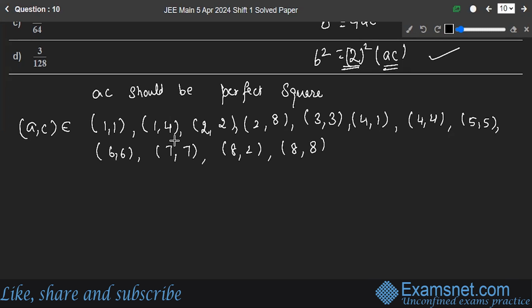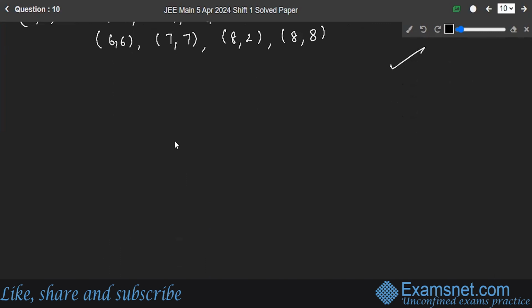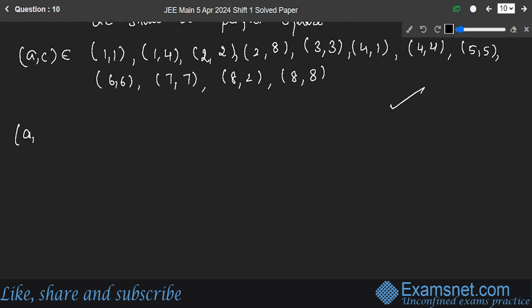Corresponding b. Now, for this value of a and c, there is a corresponding value of b. That also must lie in this set because you are having b square is equal to 4 into ac. So, for these values of ac, there are certain values of b, and that also should lie within this set only. So, let's see from here what a, b, c ordered pairs can have.